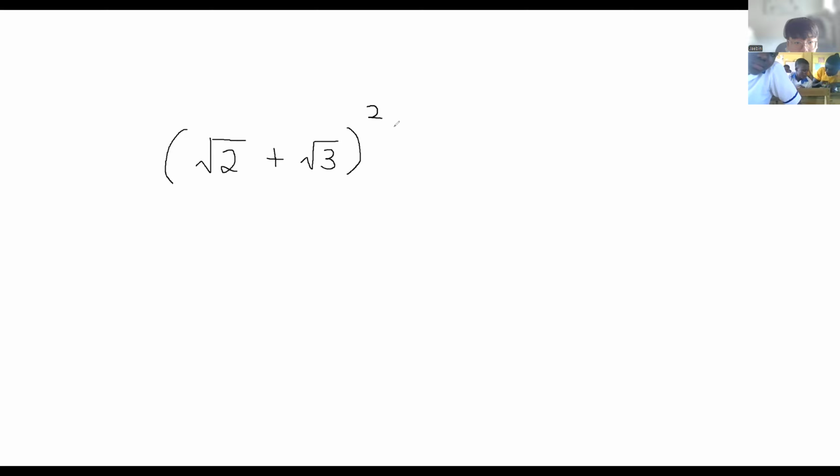Oh, all of these squared, do you mean? Yes. How are you going to solve it? Oh, yeah, we have a different formula for this.